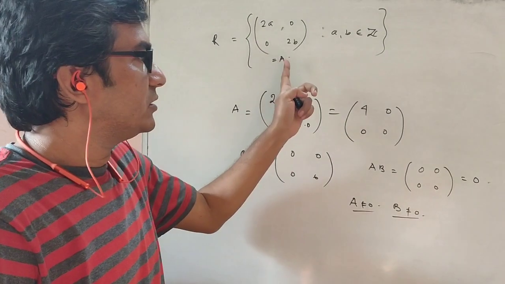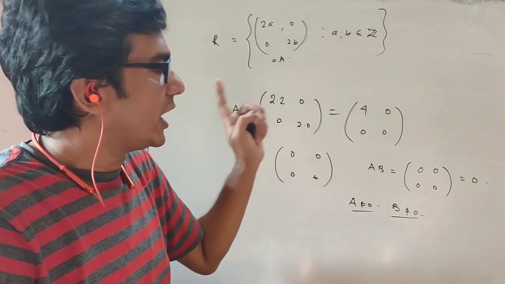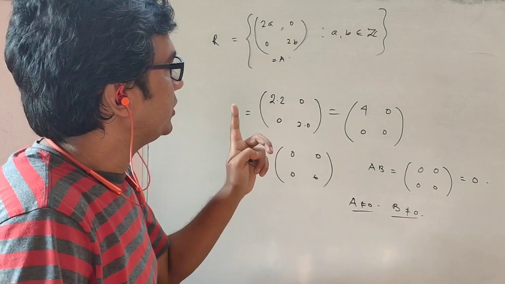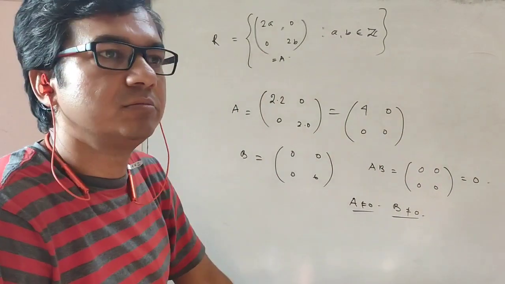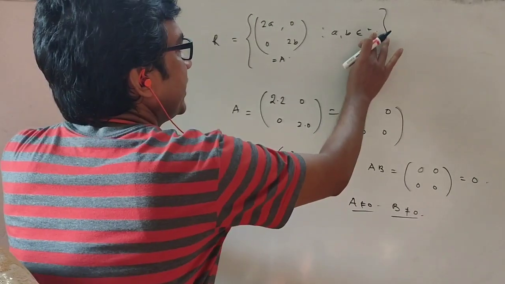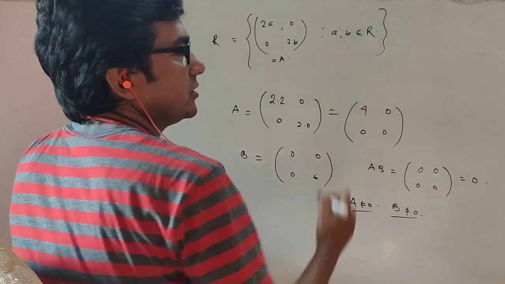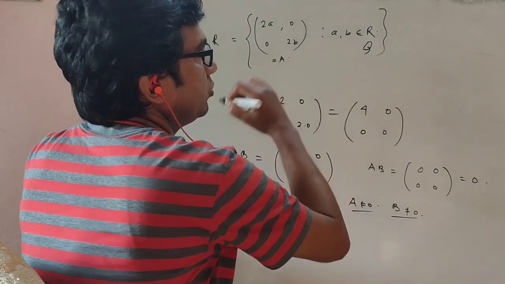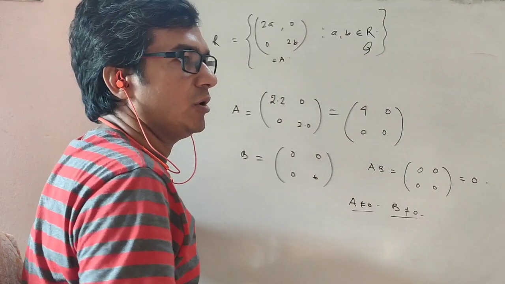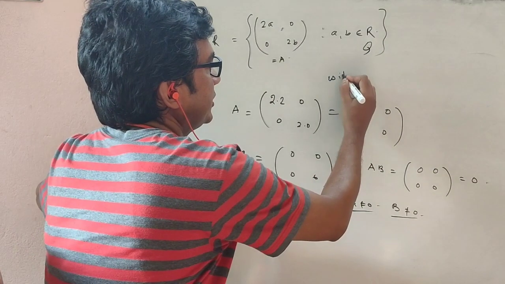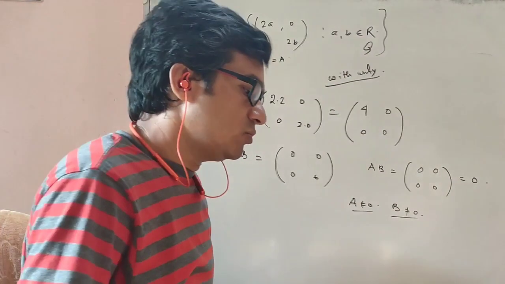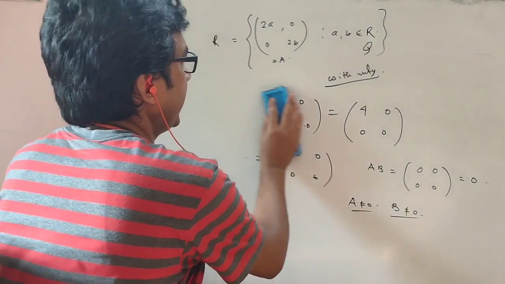So the ring is without unity and with 0 divisor. This is an important example of a ring. But if a, b belong to Q, then this contains divisors of 0, but this is with unity.